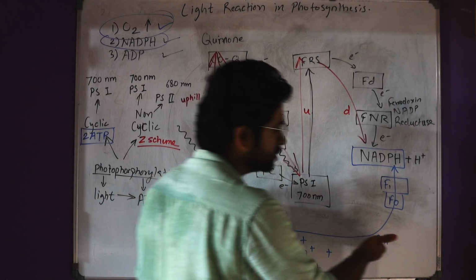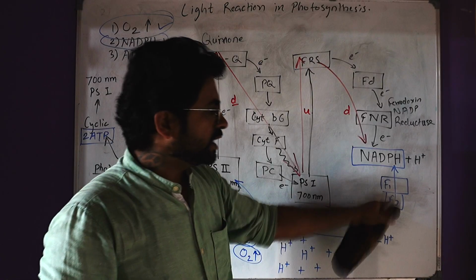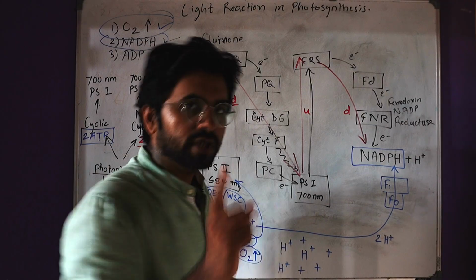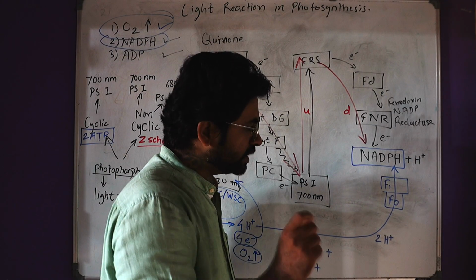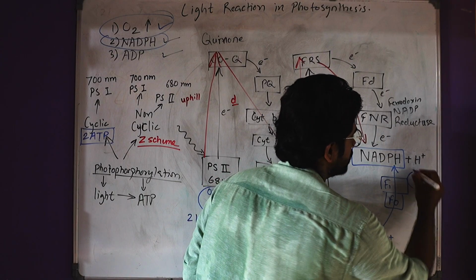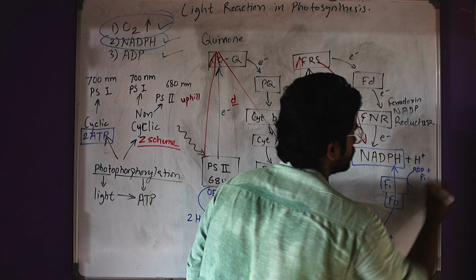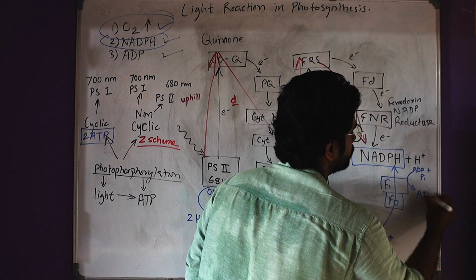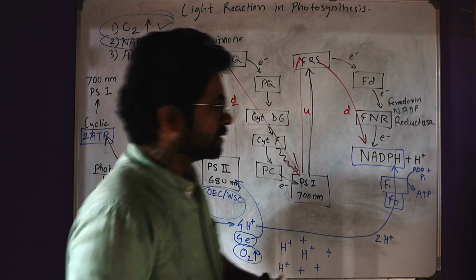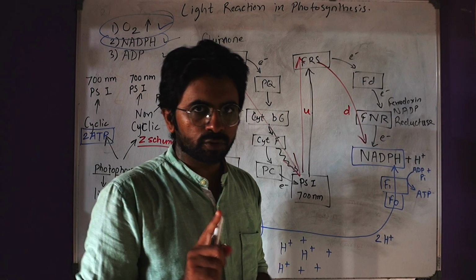Every time two protons pass, this ATP synthase, as the name suggests, will produce ATP. So for every two protons it gives you one ATP, from ADP plus inorganic phosphate. Remember this, for every two protons one ATP is produced.